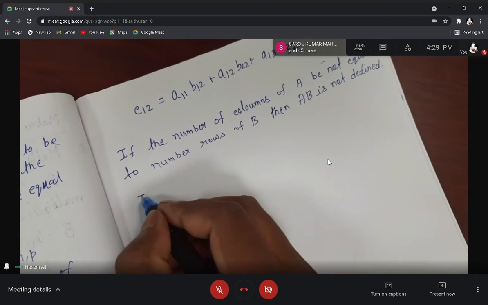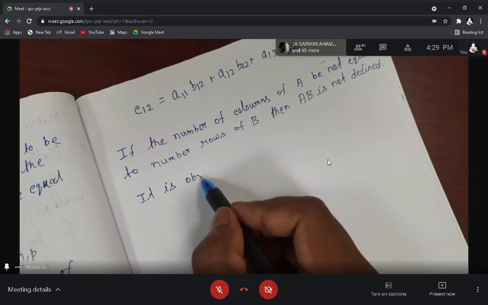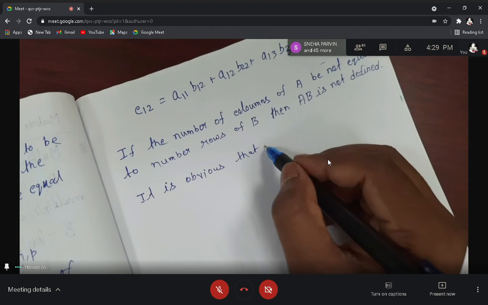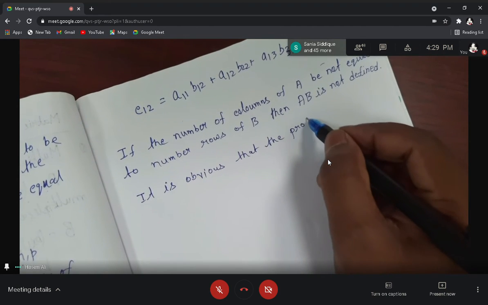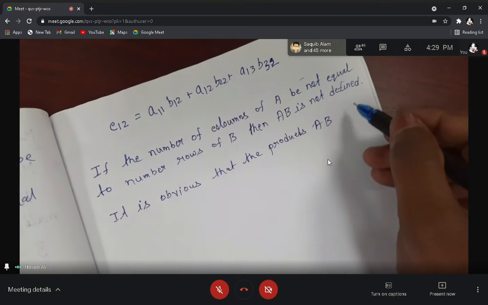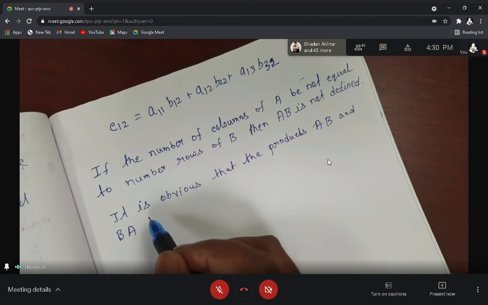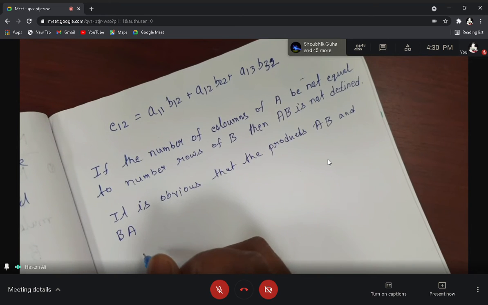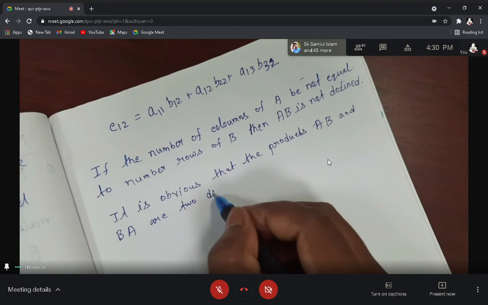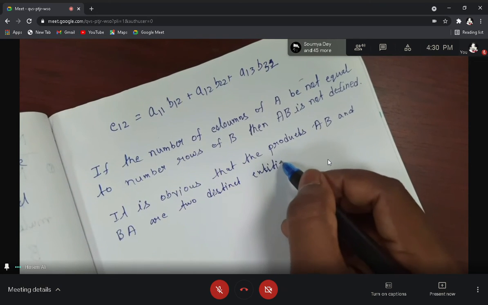Also, it is obvious that the products AB and BA are two distinct entities.